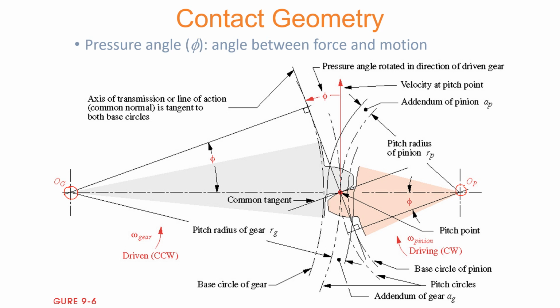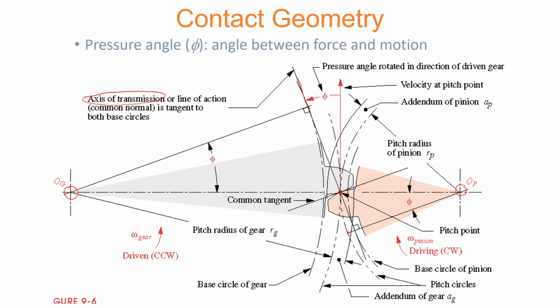So line of action, which is also called axis of transmission, is the line which is going to be tangent to the base circle on one of the gears, and tangent to the other side as well.